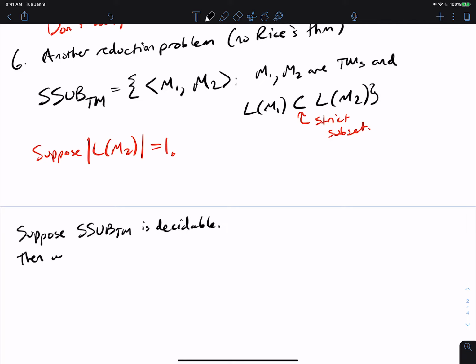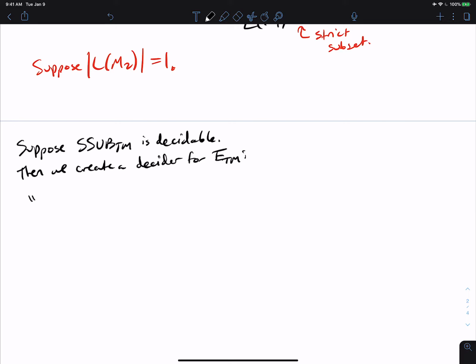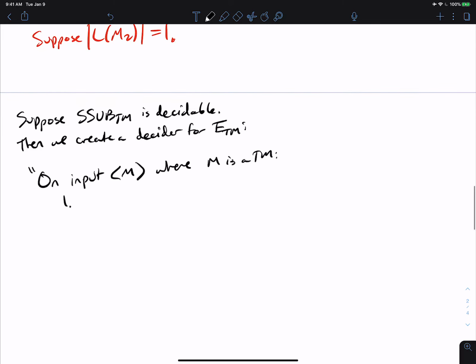Then we create a decider for ETM. So always remember that ETM takes a single Turing machine, so on input M, where M is a Turing machine. Then what do we do? Well, let's create a Turing machine.